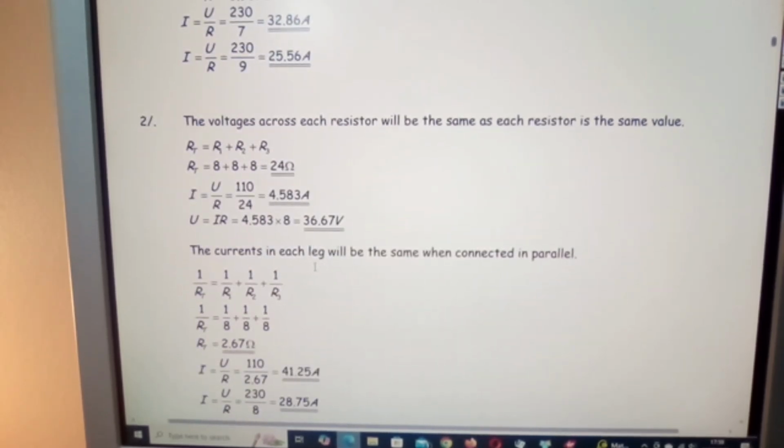Now each of these here, 1 over R_T equals, now obviously this is resistors in parallel.